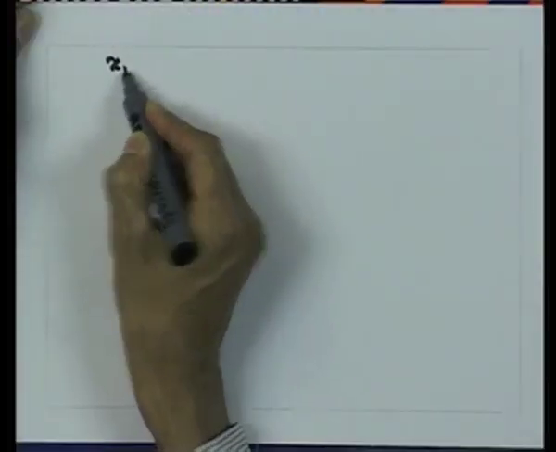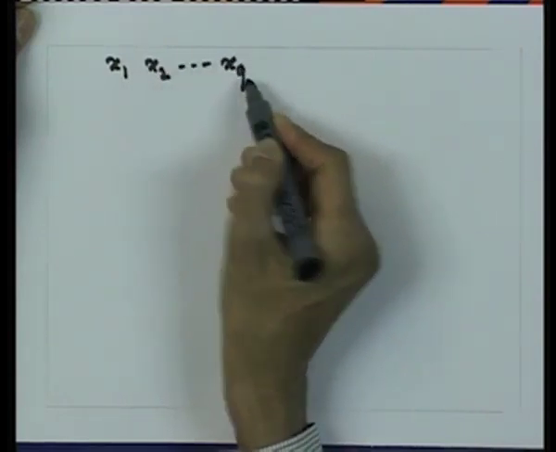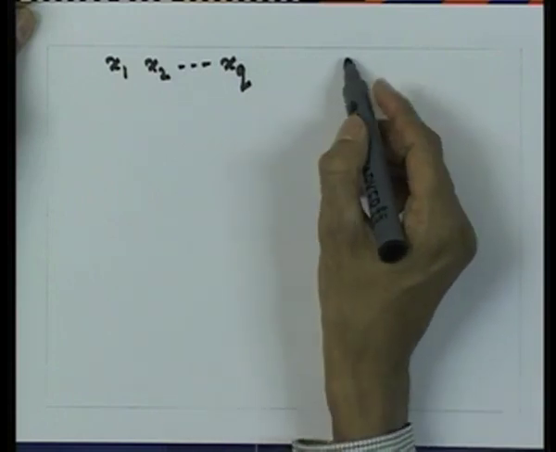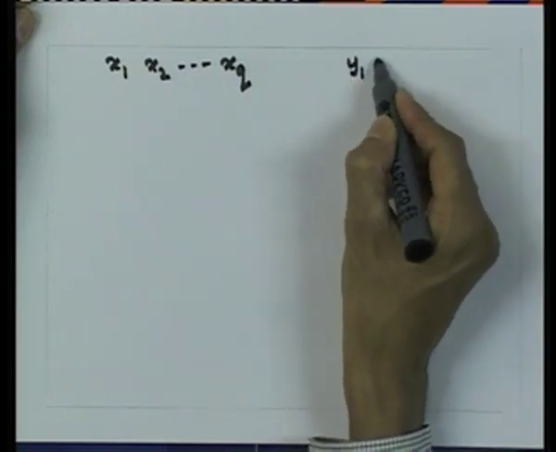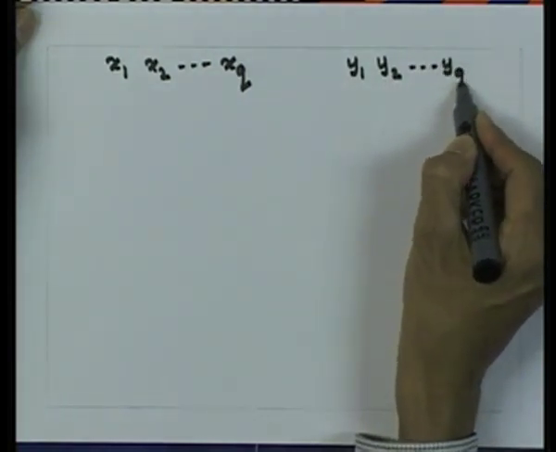Before I go ahead with this derivation, let me derive one more inequality which will be used later on. Let us assume that I have two sets of probabilities given by x1, x2 up to xq, and another set of probabilities y1, y2, up to yq.